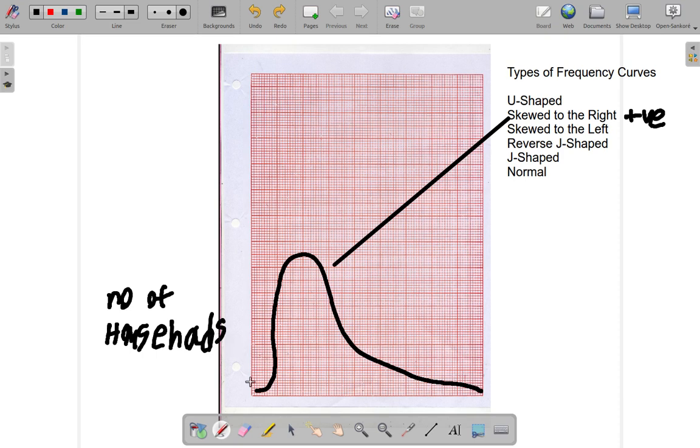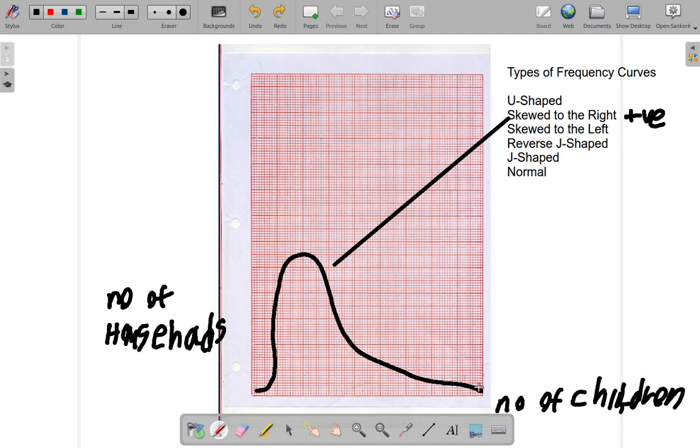This could be number of children on the horizontal, number of children in the families. So you have a few families with no children. You have a larger number of families with one child, and the largest number of families, this could go up to say 1,500, 750, 250. Right, just putting some numbers here.